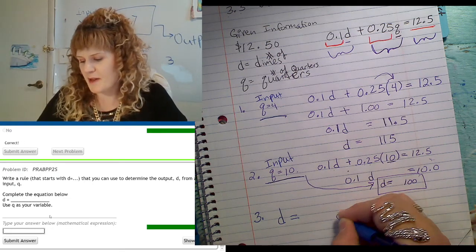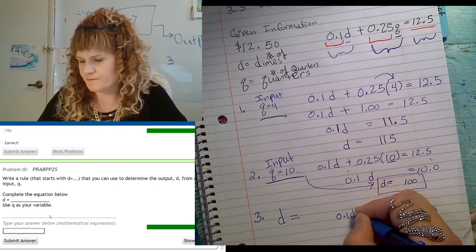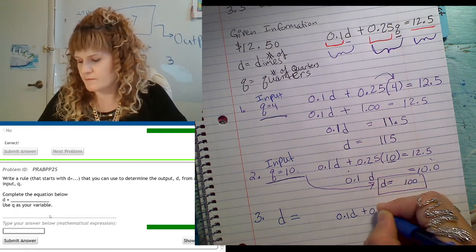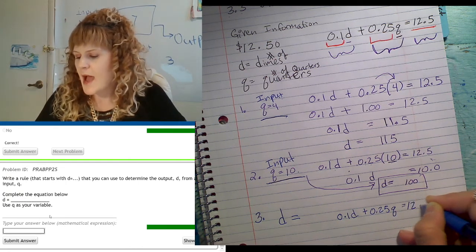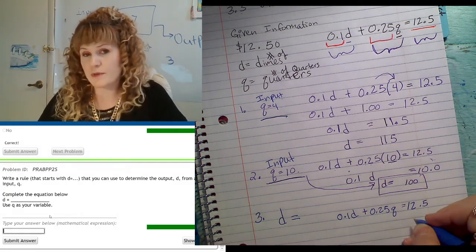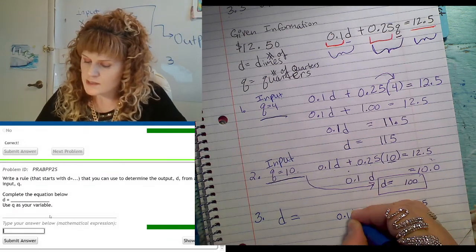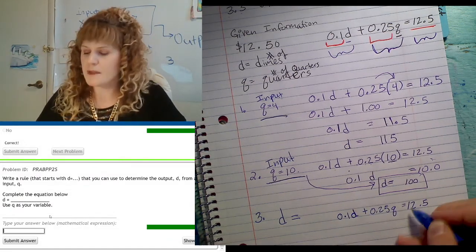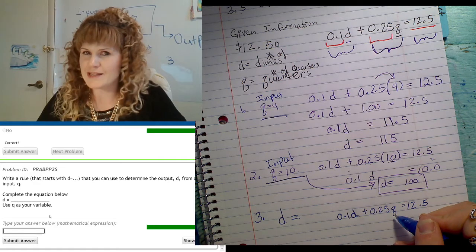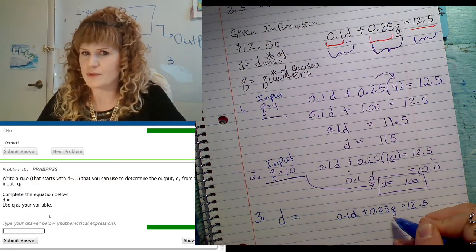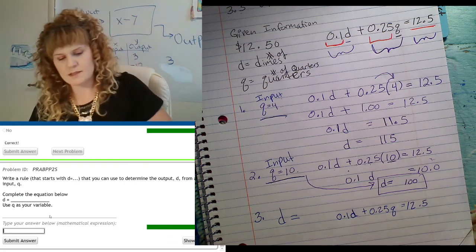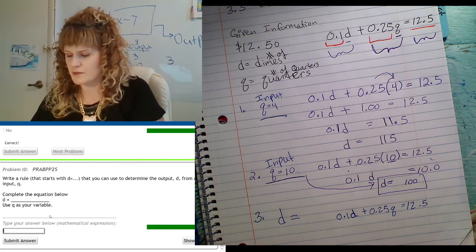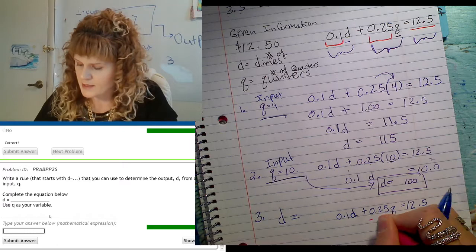I know. I'm going to write the original equation. This is the original equation. I'm going to rearrange the original equation to solve for D, but I'm not putting in anything for Q. I'm going to leave Q as a variable. So I'll subtract the Q term to get it to the other side of the equation.